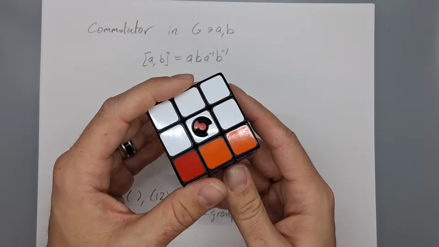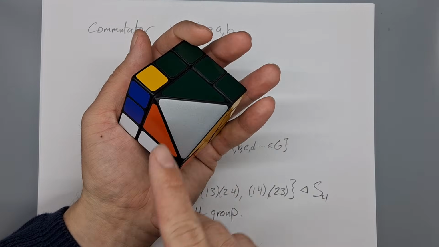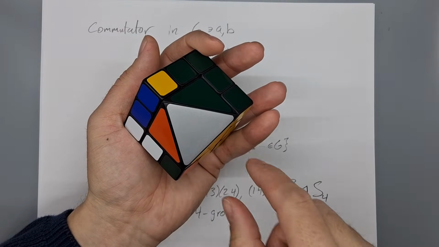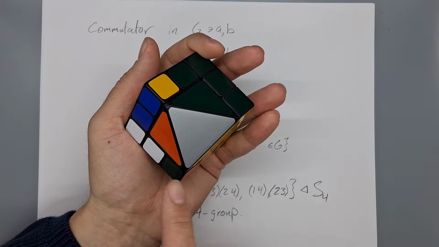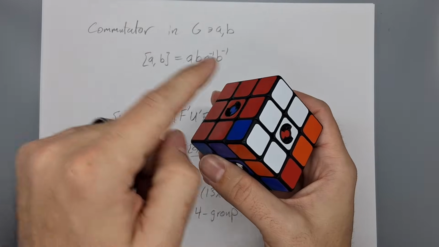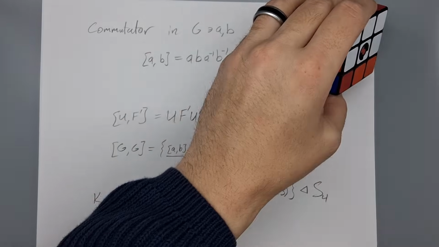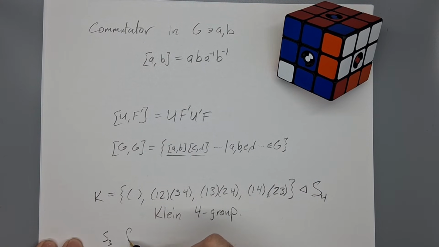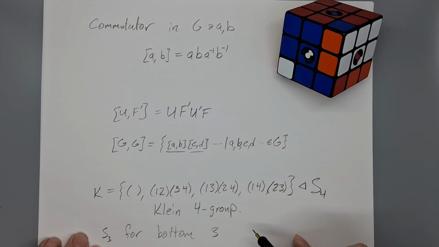If I ignore those top four, I can implement any pair of swaps on these three. So I essentially have S3 acting here, though it'll mess things up here. So I also have S3 for the bottom three corners.